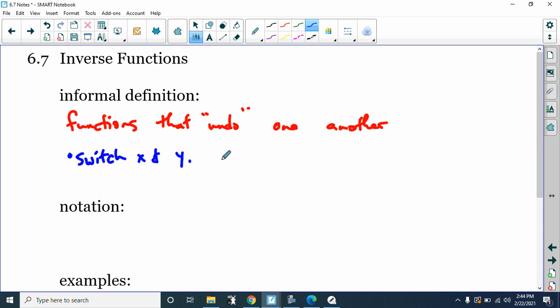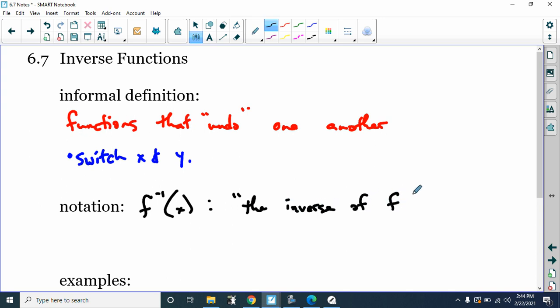Switch the x and the y value. The notation that we use looks like this. It says f to the -1st of x. This is the inverse of f of x, or f inverse of x.